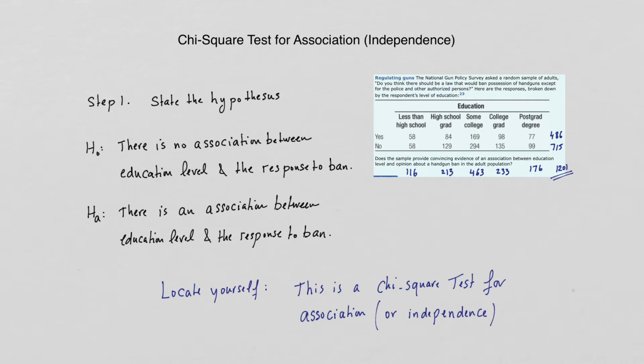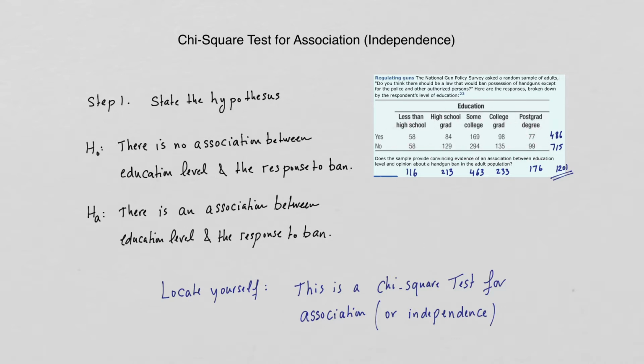So you have people without a high school diploma, there are 116, and those with a high school diploma, and some college, graduate students, and those with a postgraduate degree. These are the people that said yes, that they would prefer to ban the handguns, and these are the people that said no. So the information that was given to us is this information.